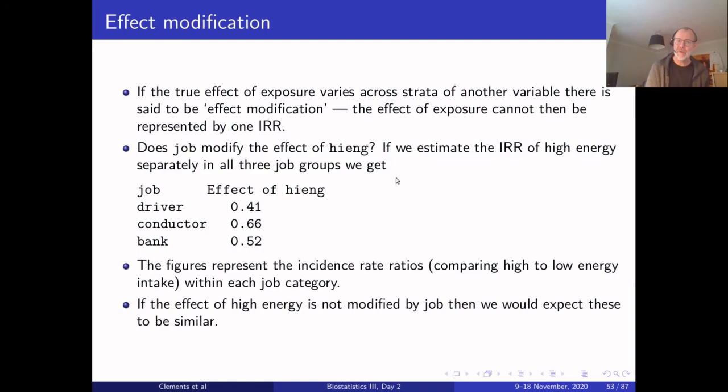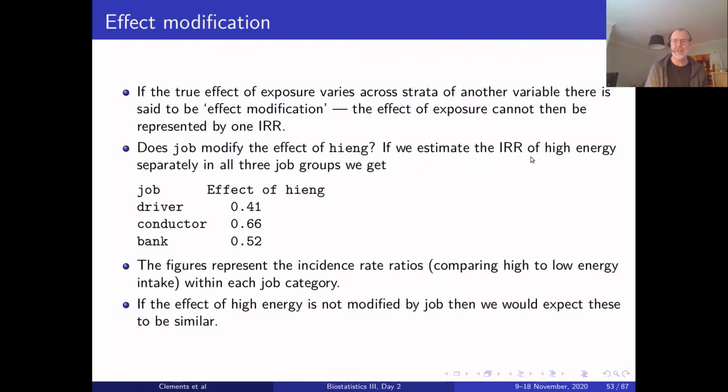However, if the true effect of exposure does vary across strata of another variable, there is said to be effect modification. The effect of exposure cannot then be represented by one incidence rate ratio. So the research question we have is, does job modify the effect of high energy?